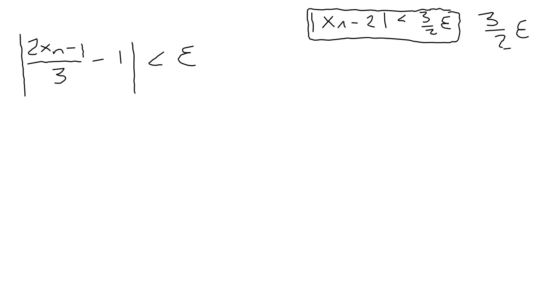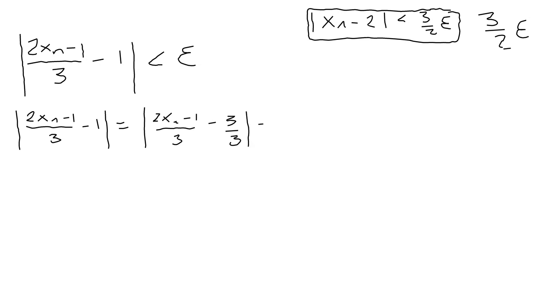And follow me now. We want to show that this thing right here is less than epsilon, by using that thing that I circled up. We want to show that the absolute value of (2x sub n minus 1) over 3 minus 1 is less than epsilon, by x sub n minus 2 less than 3 over 2 epsilon. Good. So let's go in steps. (2x sub n minus 1) over 3 minus 1 is equal to (2x sub n minus 1) over 3 minus 3 over 3.